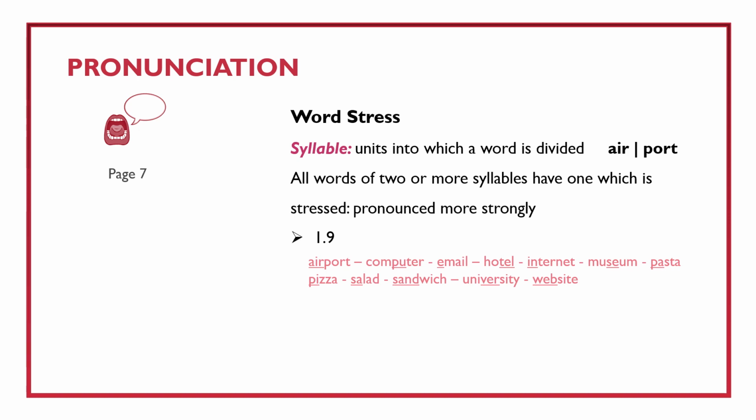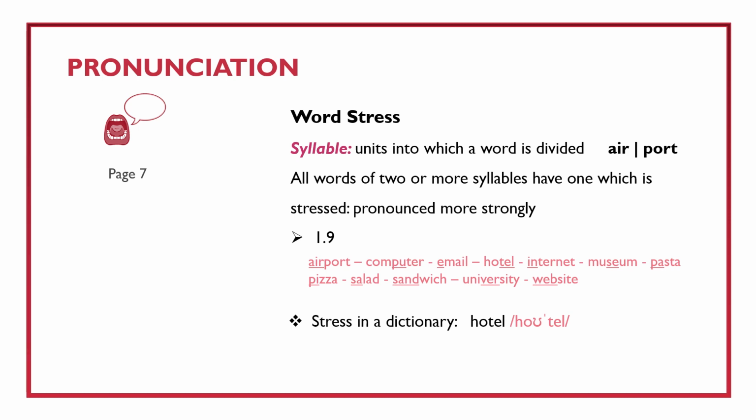And the last point about pronunciation and stress is finding stress in a dictionary. So in this book, we underline the stressed syllables, but if you search a word in a dictionary, you can see that stress is shown with something like this signal. It looks like an apostrophe.